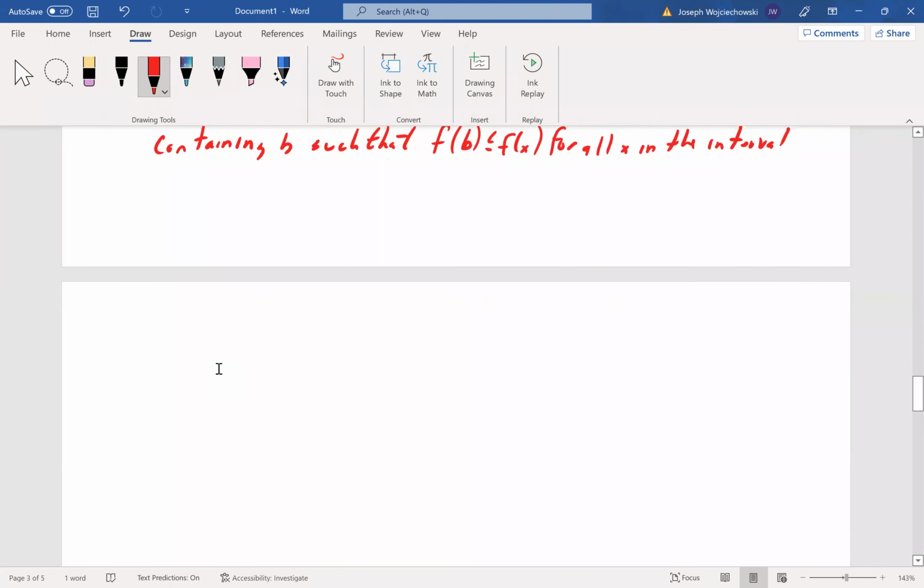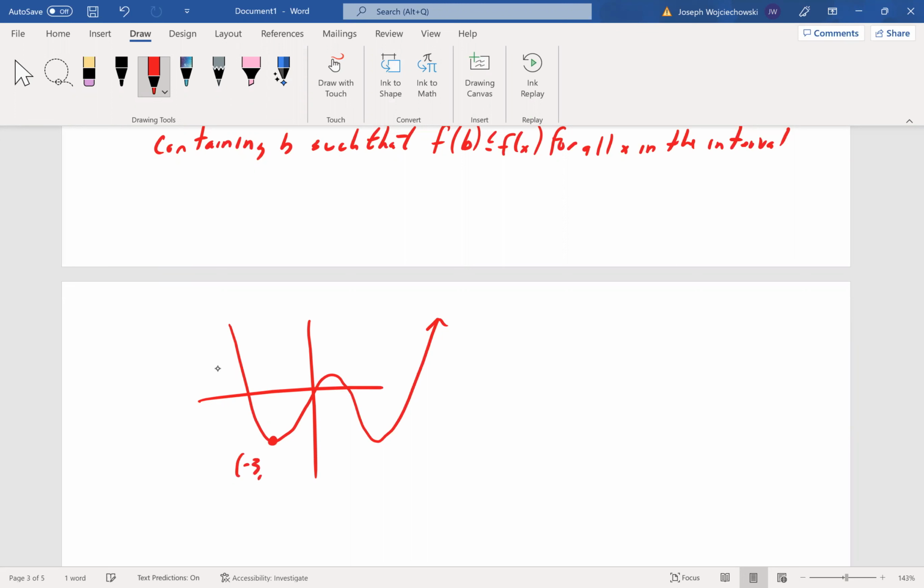So let's look at a graph here. And we're just going to go something like this, like this. And we'll label this -3, -3. And this I'll label 1, 1. And this I'll label 4, -3. So essentially we're looking for a relative minimum and a relative maximum.